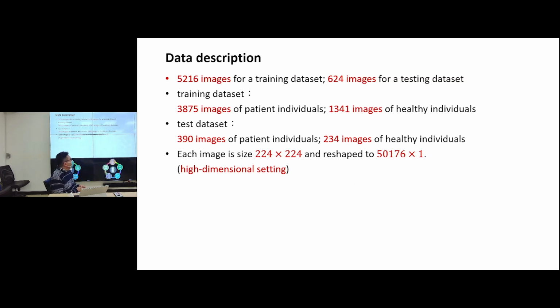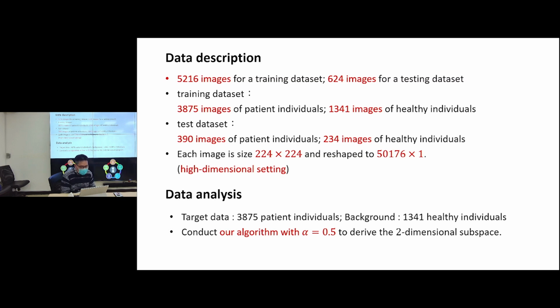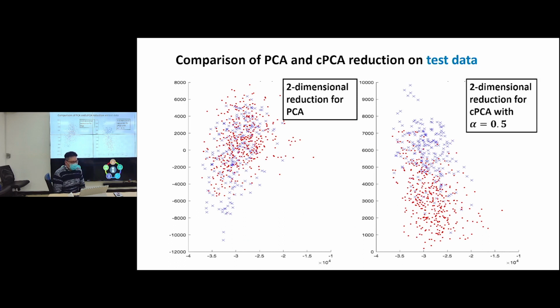So in our case, P is equal to 224 by 224, which is 50,176. Because we want to derive a two-dimensional subspace, R is equal to 2, and we run our algorithm with alpha equal to 1/2. You can see the comparison.